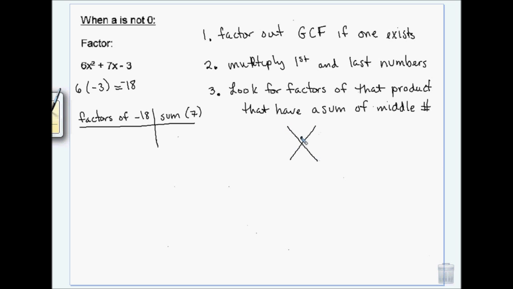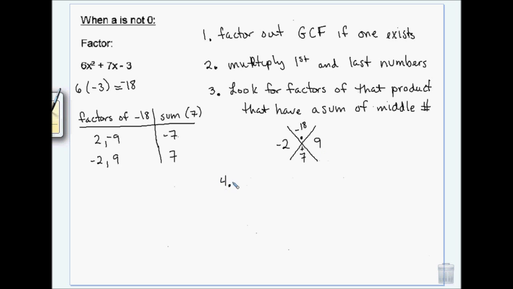So I'm going to list them both. Okay. Factors of negative 18. Well, 18 is 2 times 9, right? If I make the 2 positive and the 9 negative, I get a negative 7. If I make the 2 negative and the 9 positive, I'm going to get a positive 7. So I'm looking for negative 2 and positive 9.